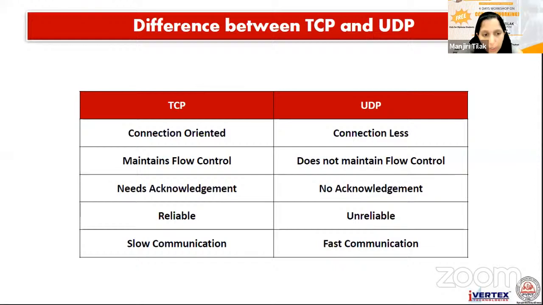And because of the flow control mechanism, connection establishment and acknowledgement, TCP communication becomes slow and UDP communication is faster. Now remember, it is completely dependent on the developer who develops the application whether they want this application to be TCP based or UDP based, and it will be decided based on the purpose for which this application will be used.